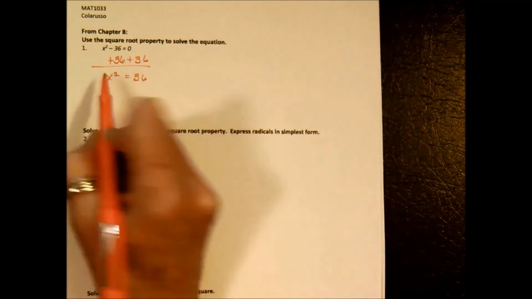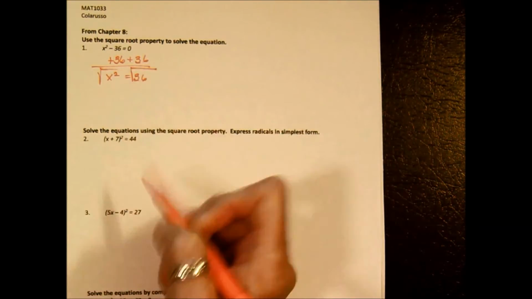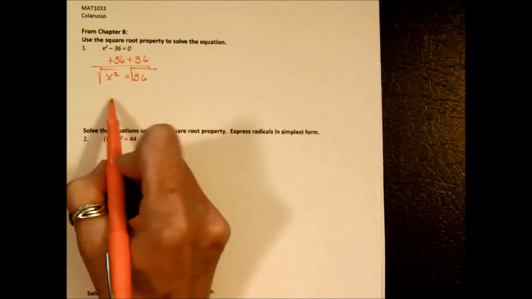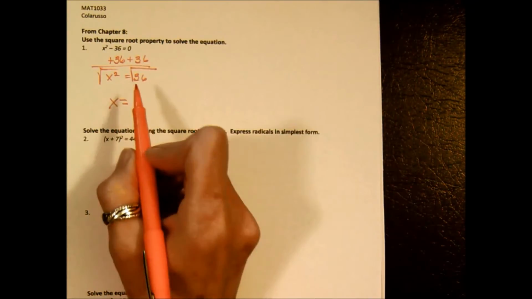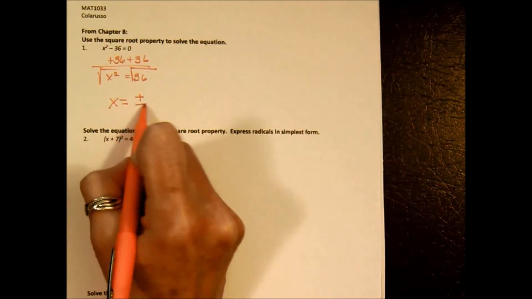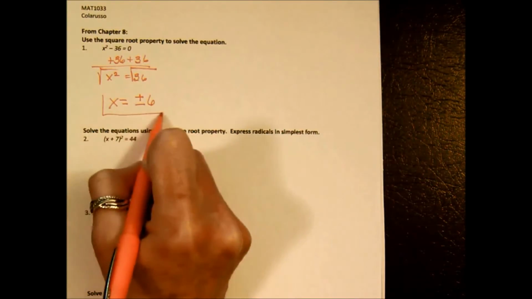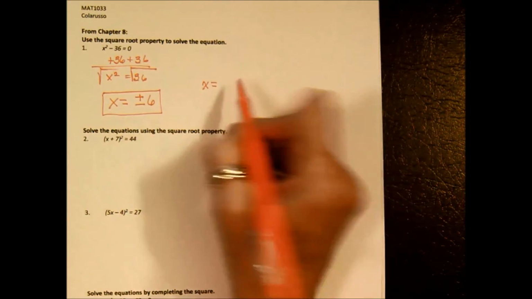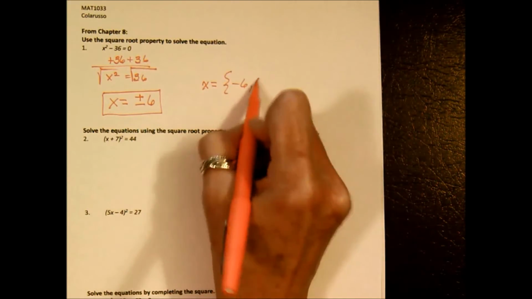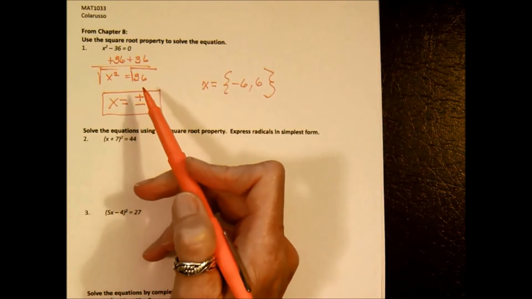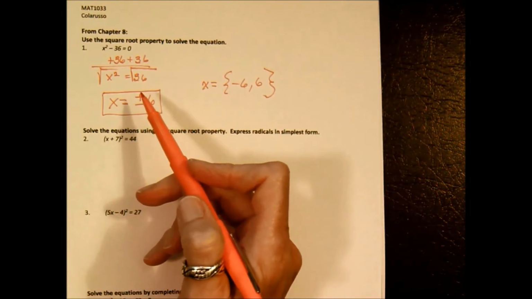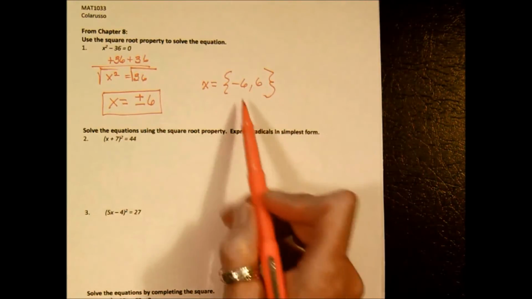And then you take the square root of both sides. The square root of x squared is x. The square root of 36, and this is the part you've got to remember, is plus or minus 6. So if you want to write your answer in set notation, it would be -6 comma +6. Don't forget, when you're taking the square root, we want both the positive and the negative roots. Your quadratic equation should have 2 solutions, and that's how you get the 2.